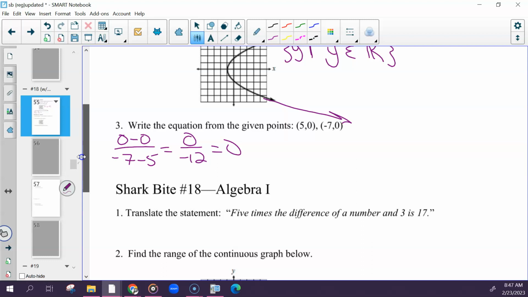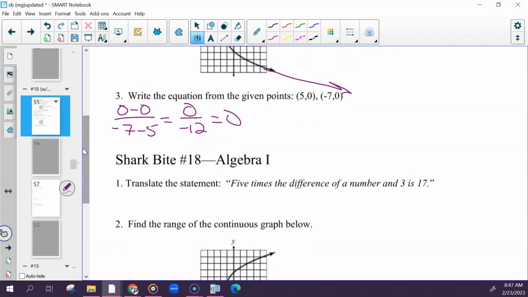This is pretty much in my way. Say that one more time. Only showing y values. So it would be y equals 0.